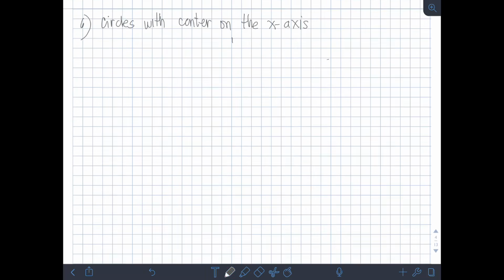Okay? Next, we have circles with center on the x-axis. Okay, so kung i-draw natin yung sketch ng family of curves natin na to, meron tayong mga circles na dapat yung center nila ay nagpa-pass through doon sa x-axis. So kahit anong radius nila, as long as yung center nila ay nandun sa x-axis.